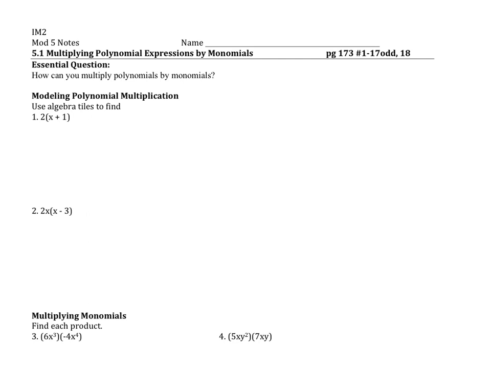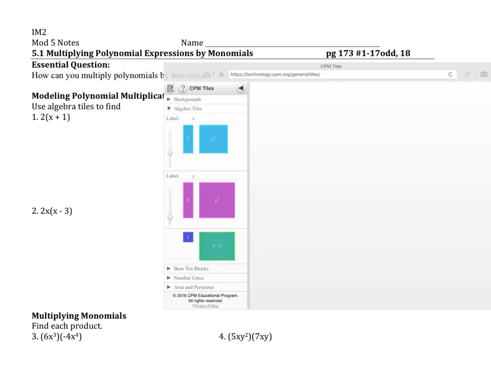So, modeling polynomial multiplication. I'm going back to our multiplying with tiles. So we have 2, so I'm going to bring my 2 units over, and that's going to be multiplied by an x, and then a plus 1, so another unit tile. Similar to your multiplication charts, we're going to line these up.